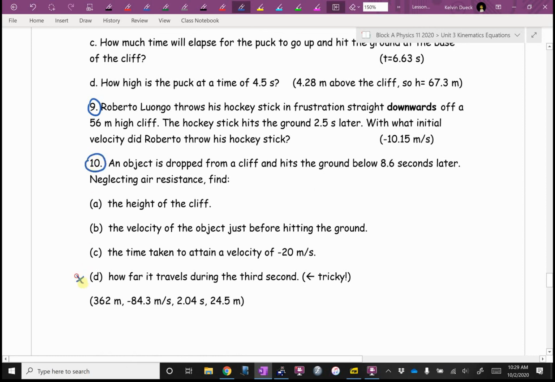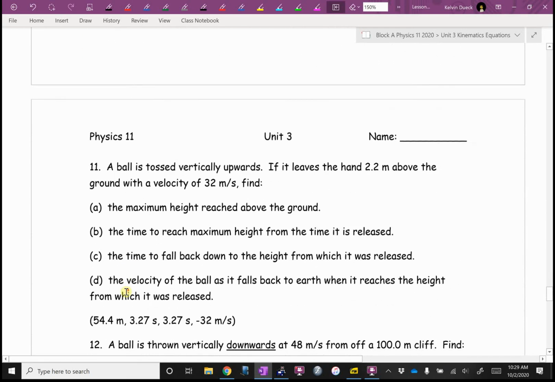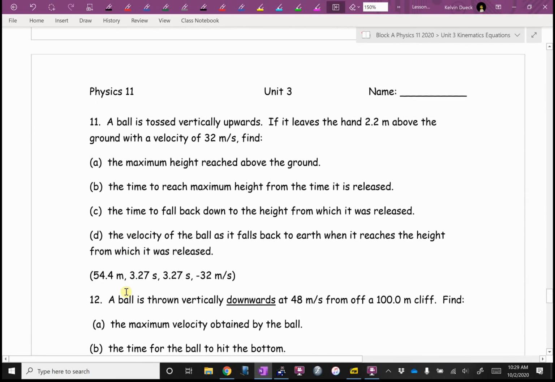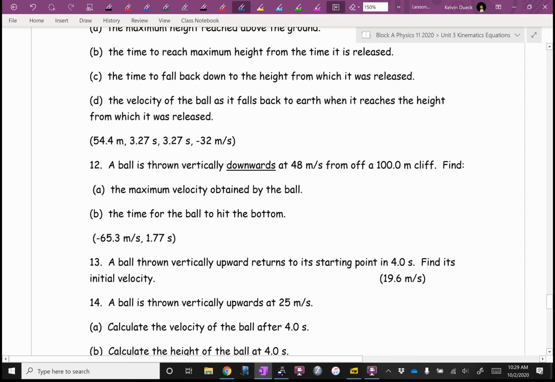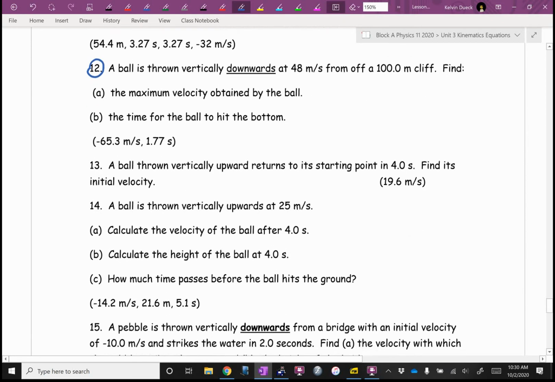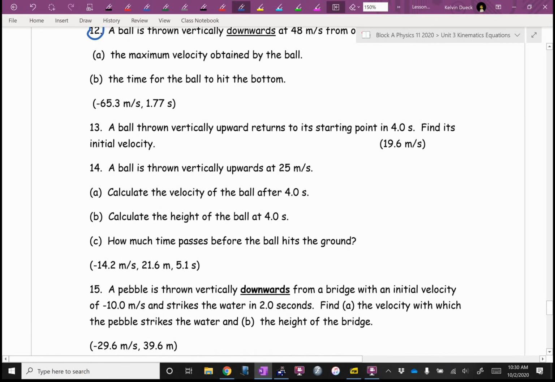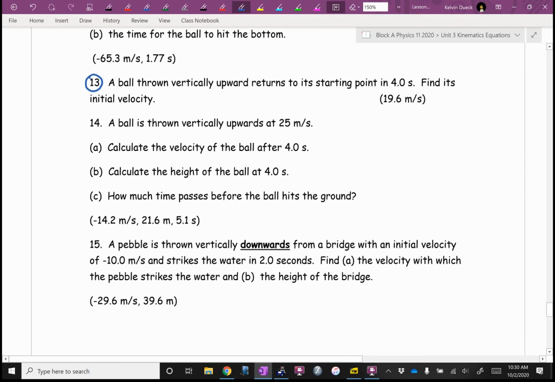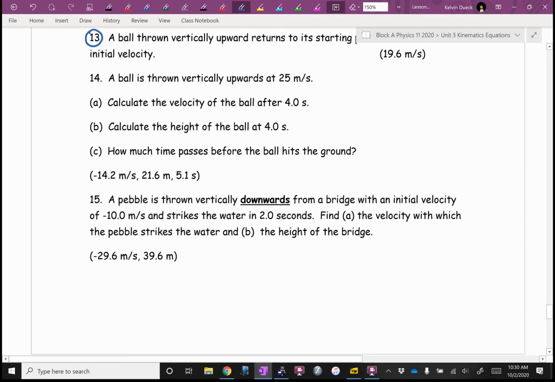10 is good. Put a star next to D. I haven't talked about this. I wonder if someone can figure out how to get it. Skip 11. 12 is good. 13. 14 is good.